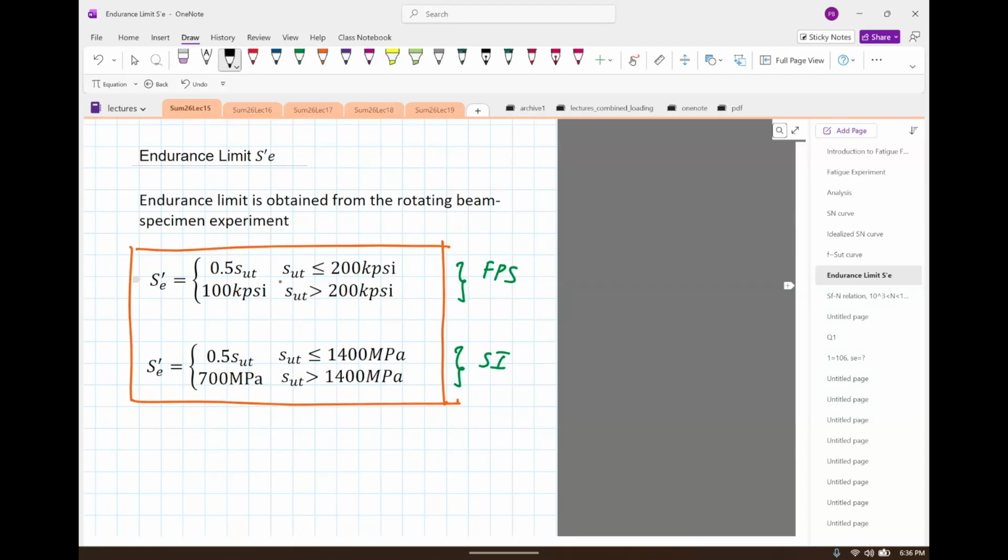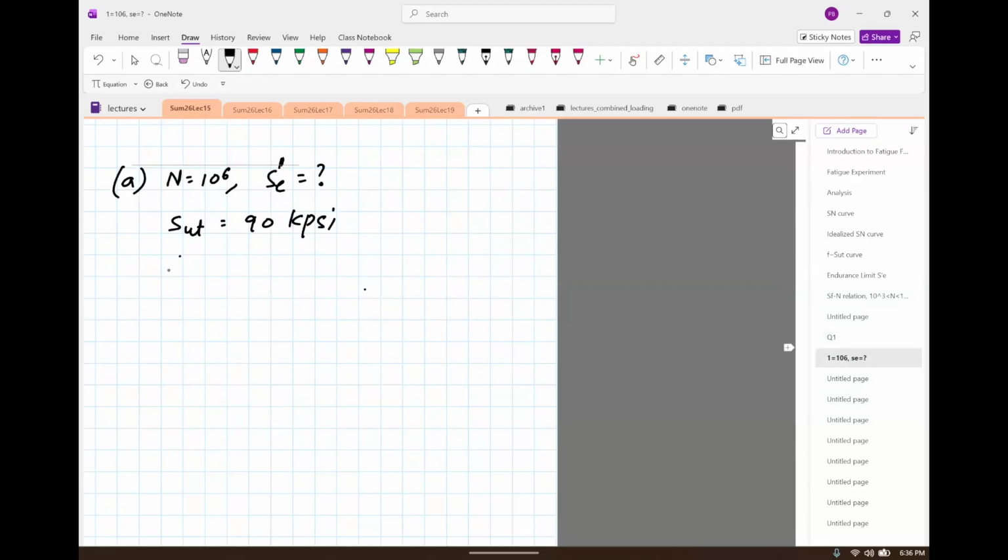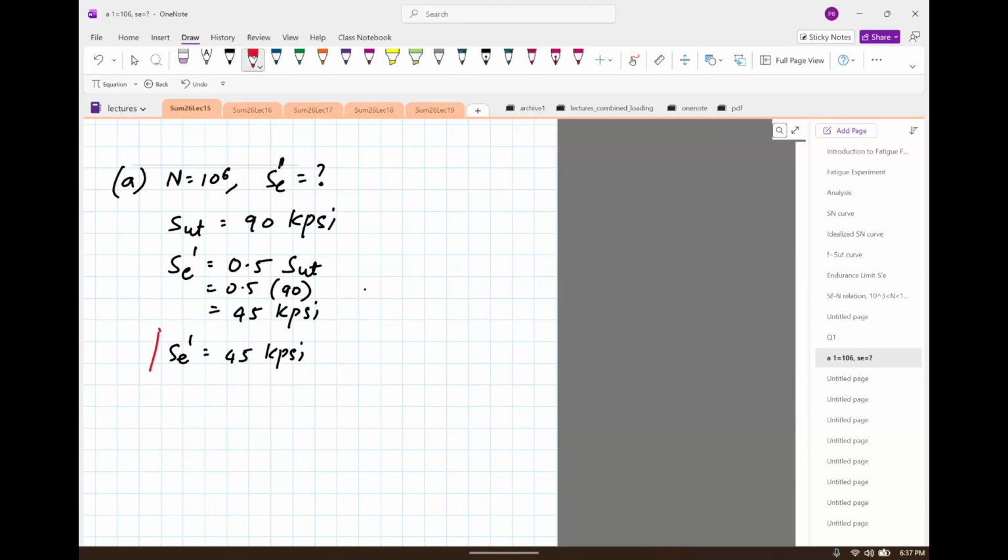So that's the formula I want to use. So SE prime is 0.5 SUT. So 0.5 of 90, and this is 45 kpsi. So the answer is 45 kpsi.